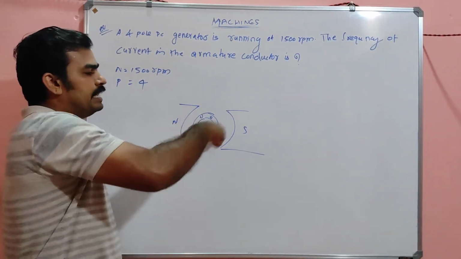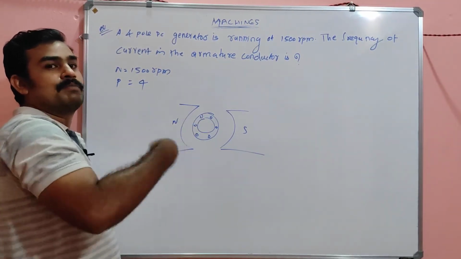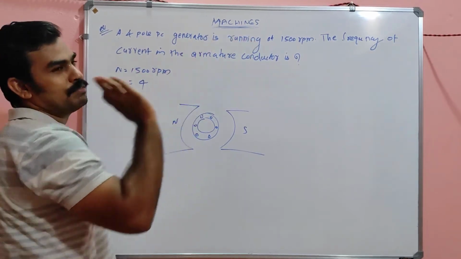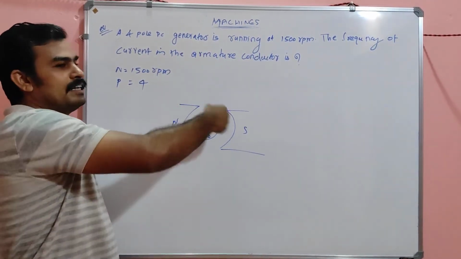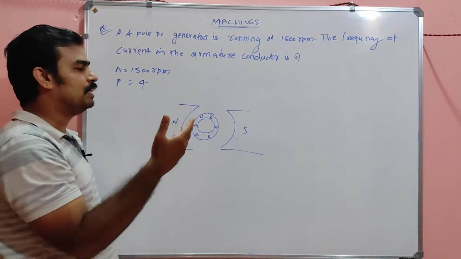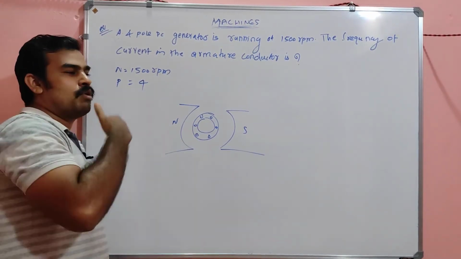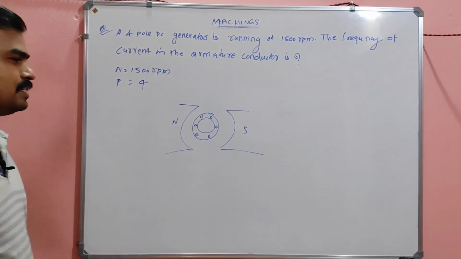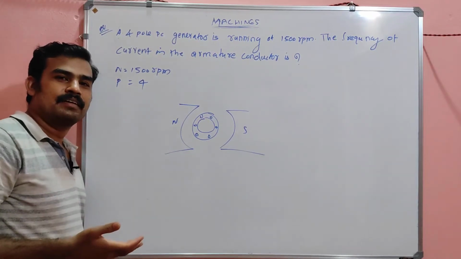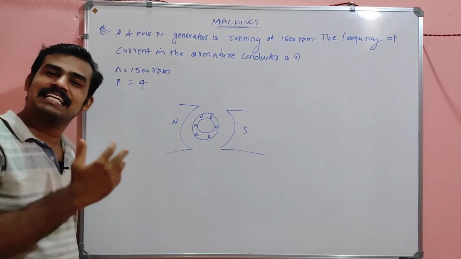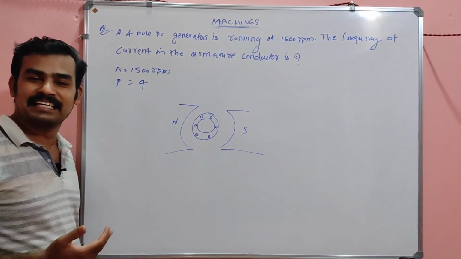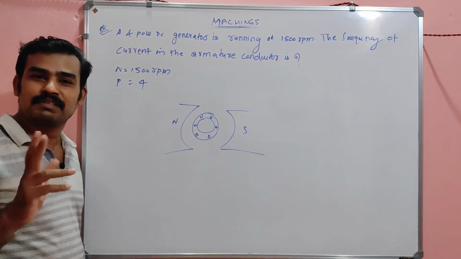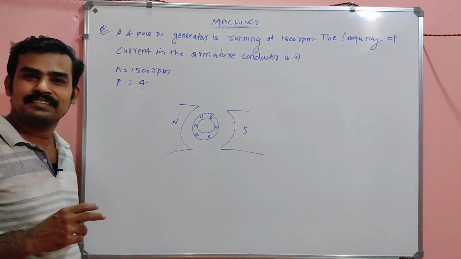If the conductor is rotating with a speed of 1500 rpm, there will be an induced EMF. There is no need to consider the slip because it's not an induction motor, it's a DC generator. You don't compare with the induction motor or induction generator.